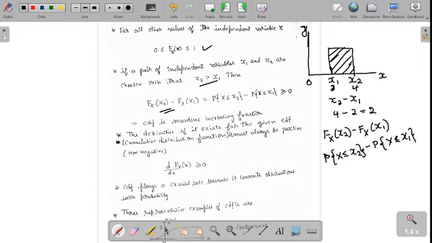So this is the formula, and whatever answer you get should always be greater than what? 0. It should always be greater than or equal to 0. It should never be negative. Are you clear with that?